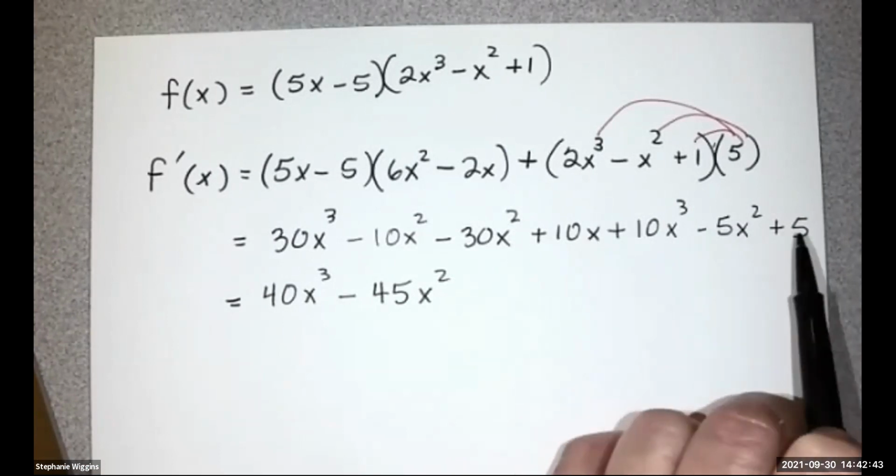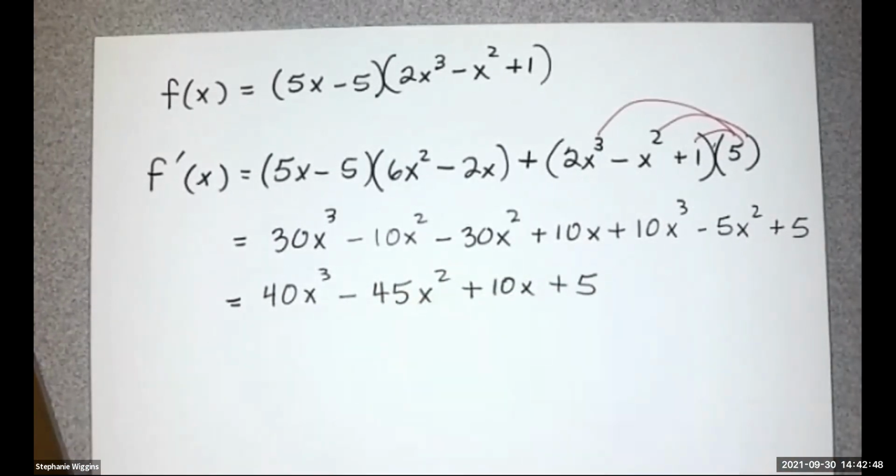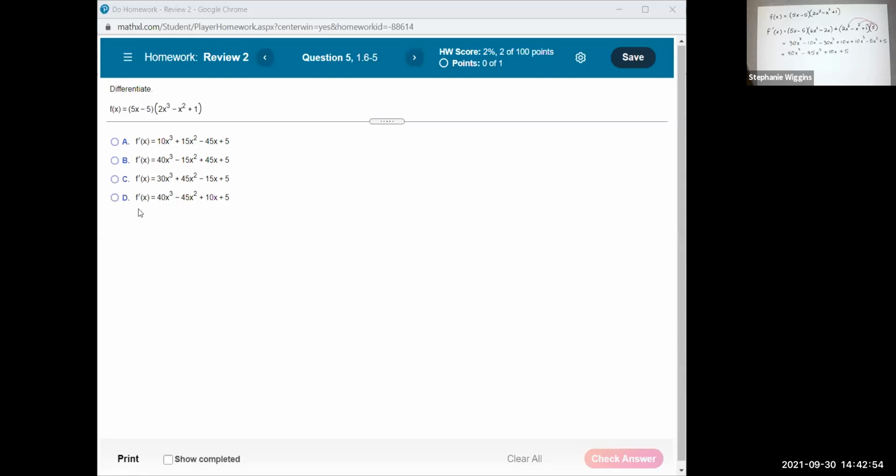And then we have plus 10x plus 5. So it looks like D is the correct answer.